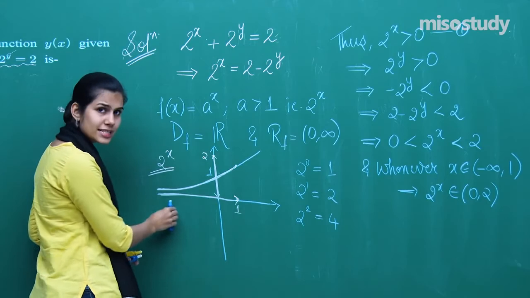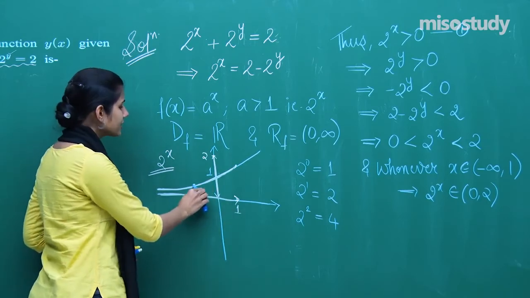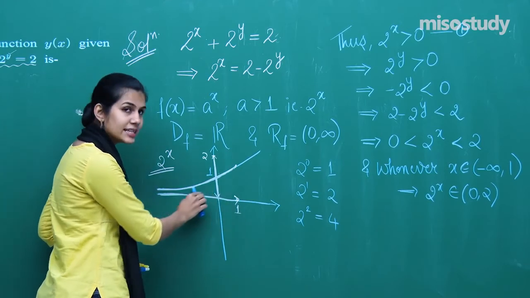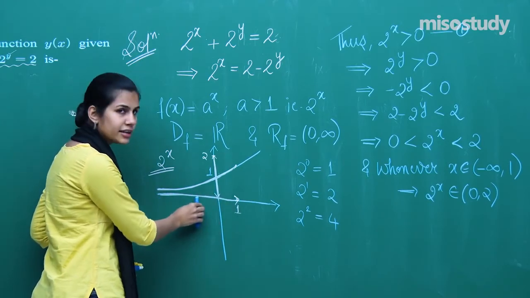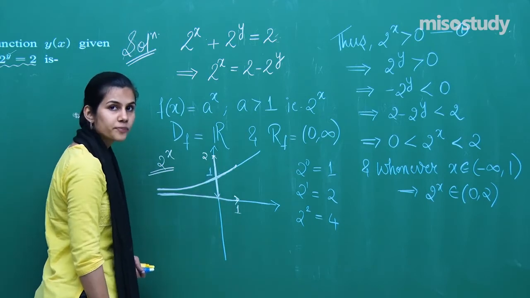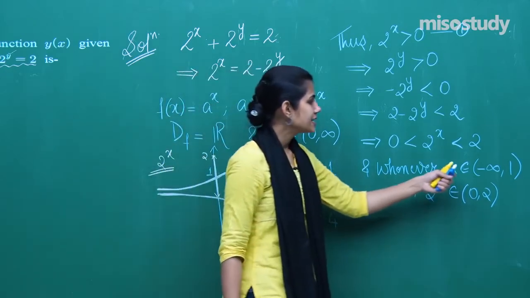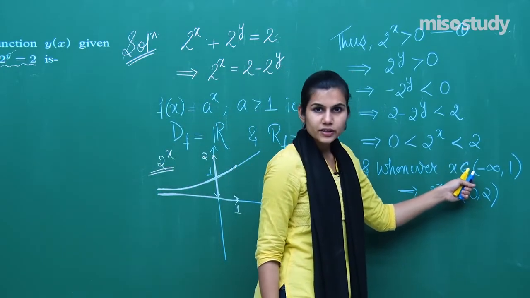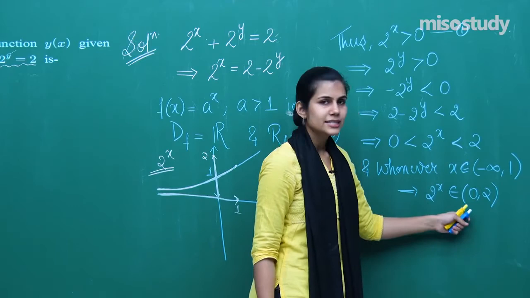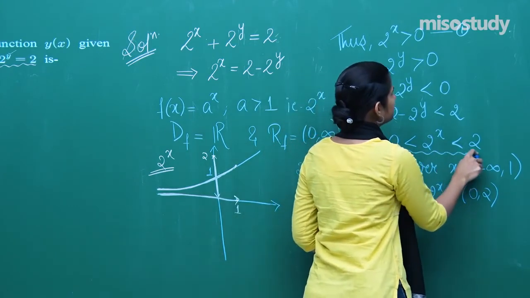Whereas, as much as I want to go to the left on the real line, I can go, because this graph is decreasing. It is less than 1 for every real on the left hand side. Definitely so it is less than 2 also. And that is why I get that whenever x is sitting inside (minus infinity, 1), 2 to the power x is belonging to (0, 2), which is this expression.